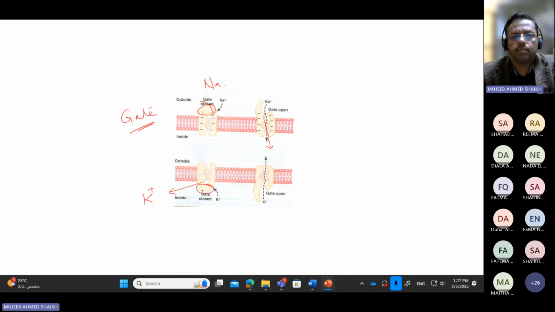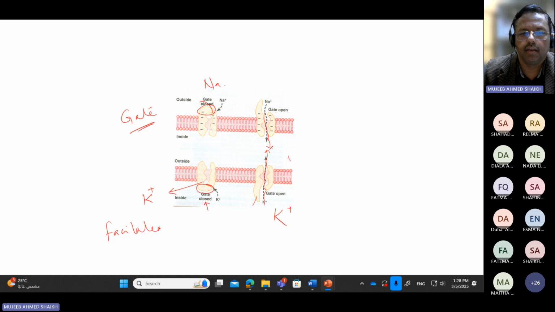Some flap-like thing is there, which opens and closes depending upon the situation. Now it is closed. Once it opens, it will allow the potassium to move, because potassium is high inside the cell and very low outside the cell. So it will move from higher to lower side. These are examples of carrier mediated transport or facilitated diffusion.